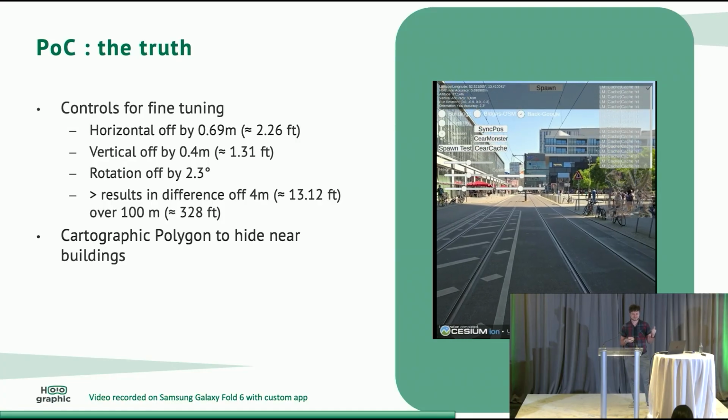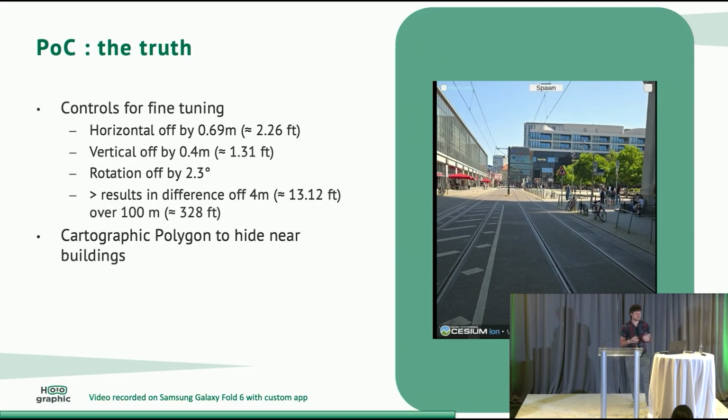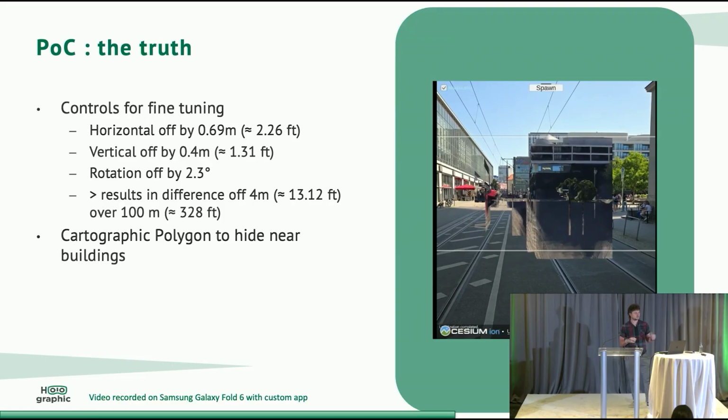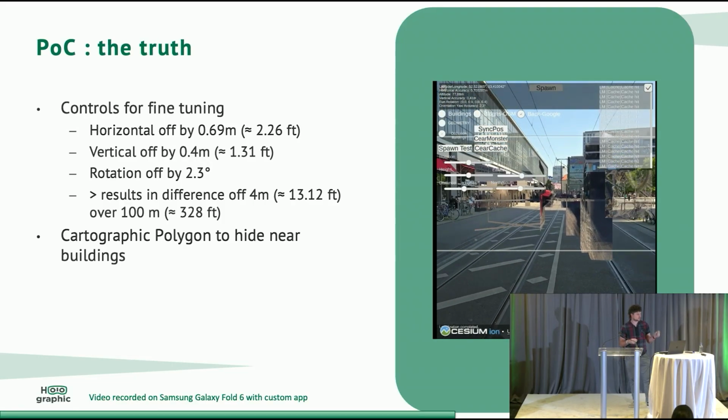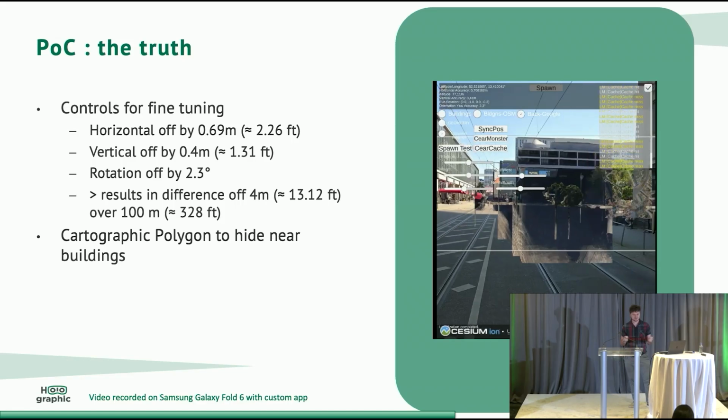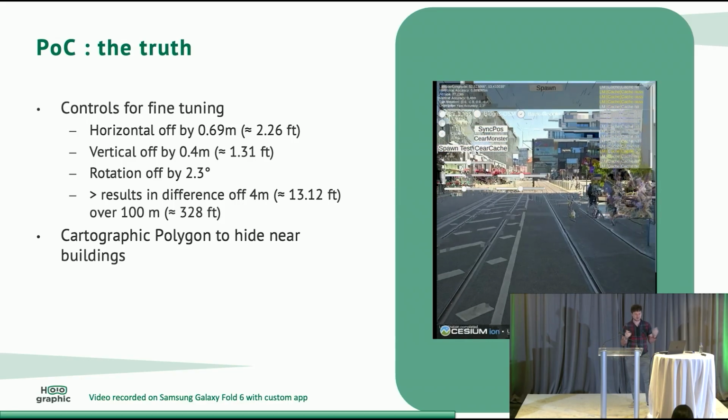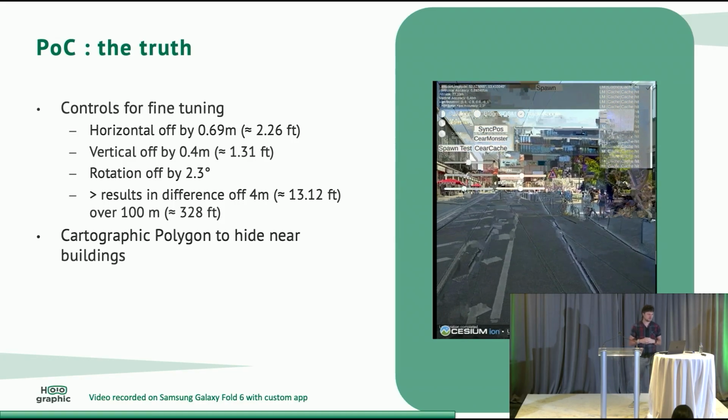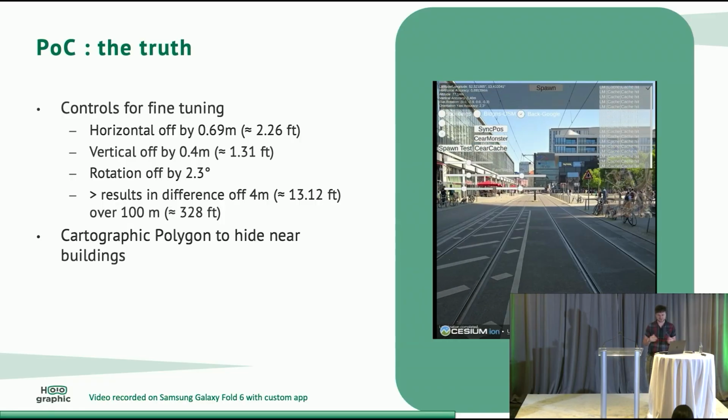And the vertical is also often off by like 1.3 feet, which is a really good value. If you just do it somewhere, it might be off even way more. And the rotation is often off by a couple degrees.